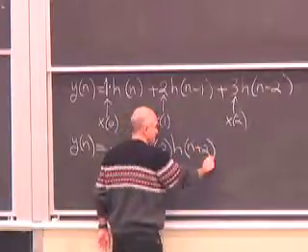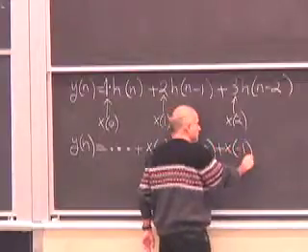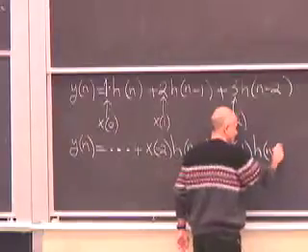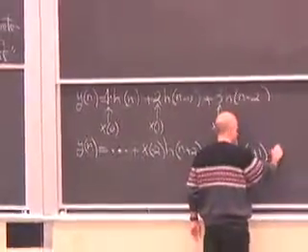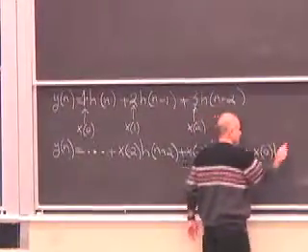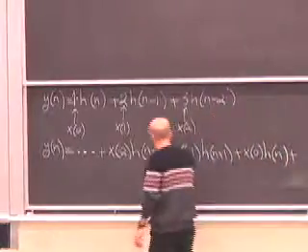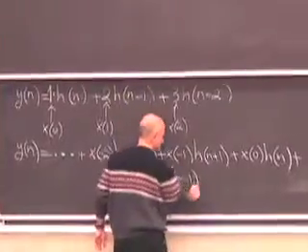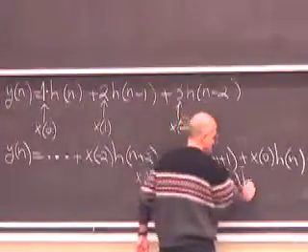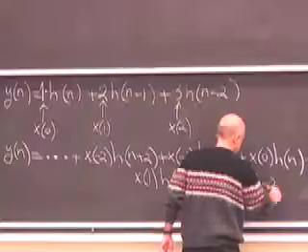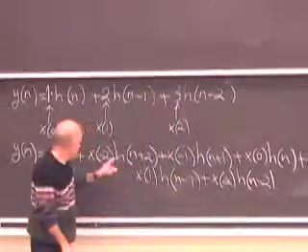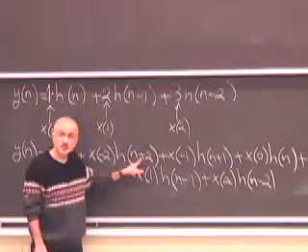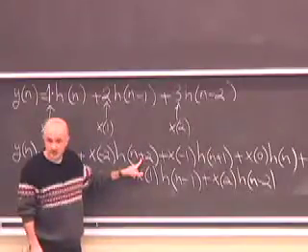N plus 2, plus x of minus 1, h of n plus 1, plus x of 0, h of n, plus x of 1, h of what? N minus 1, and so on. You got to make sure you get the relationship between the argument in x and whether or not you have a minus or a plus here straight, because you can easily mess that up.